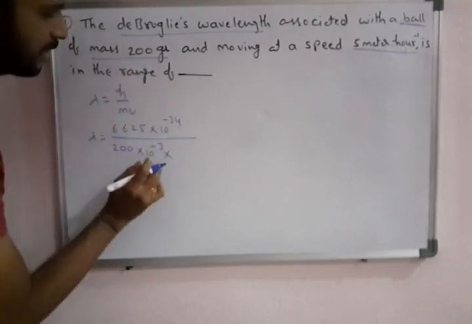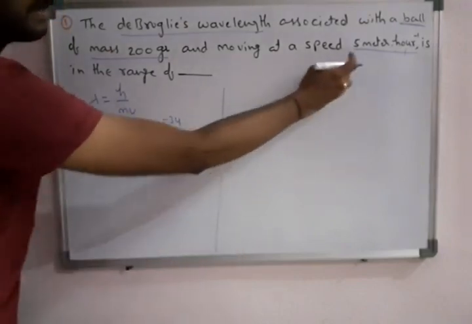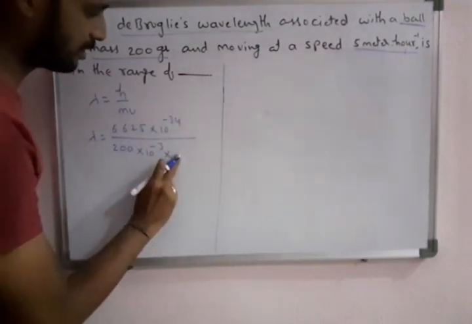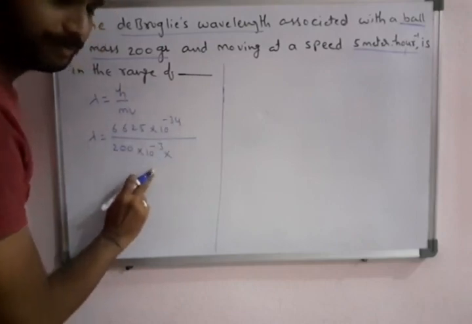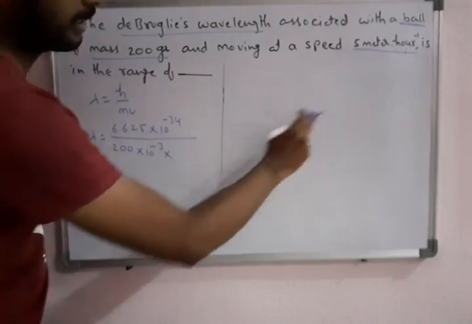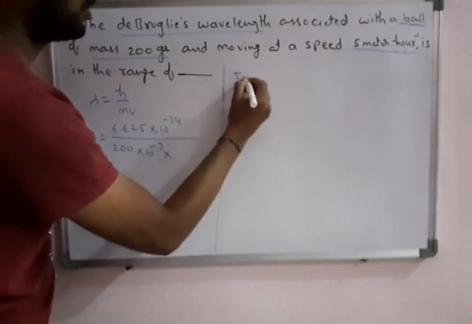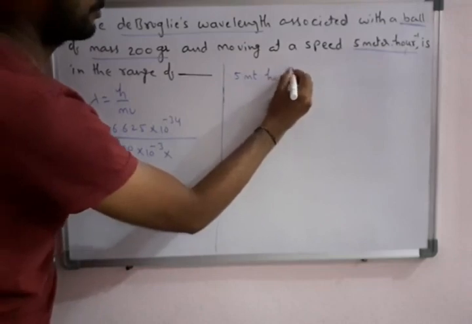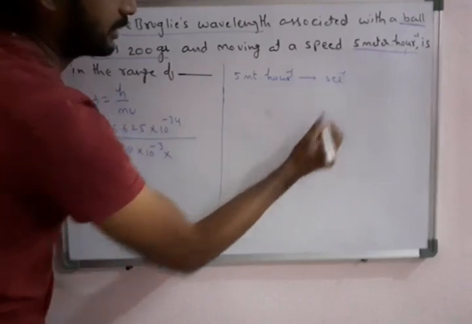We are following the SI method, that's why mass must be in kgs. Next, velocity must be in meters per second, but here it is given as 5 meters per hour. So we need to convert this 5 meters per hour into per second.